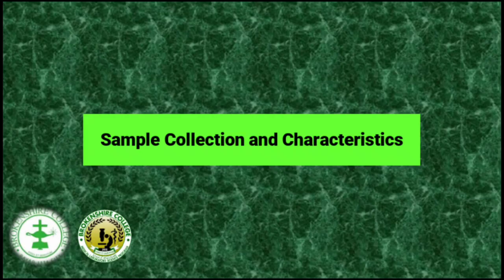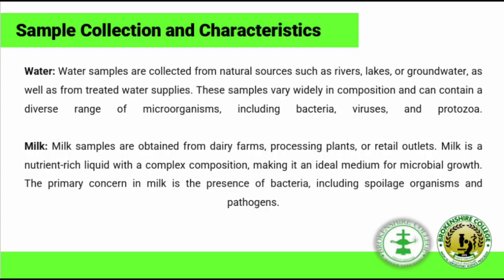Sample collection and characteristics. Water samples are collected from natural sources such as rivers, lakes, or groundwater, as well as from treated water supplies. These samples vary widely in composition and can contain a diverse range of microorganisms, including bacteria, viruses, and protozoa.